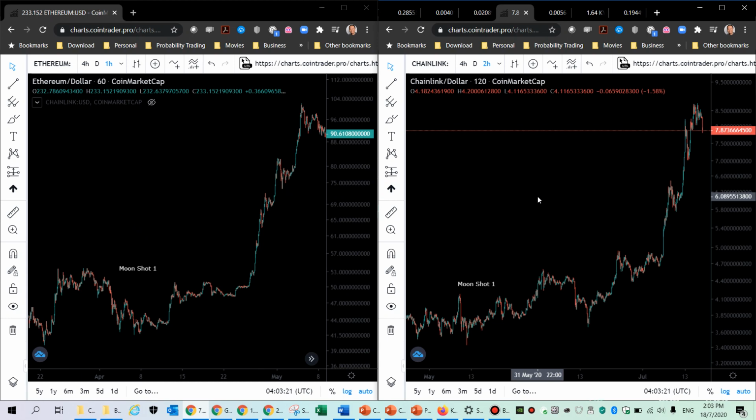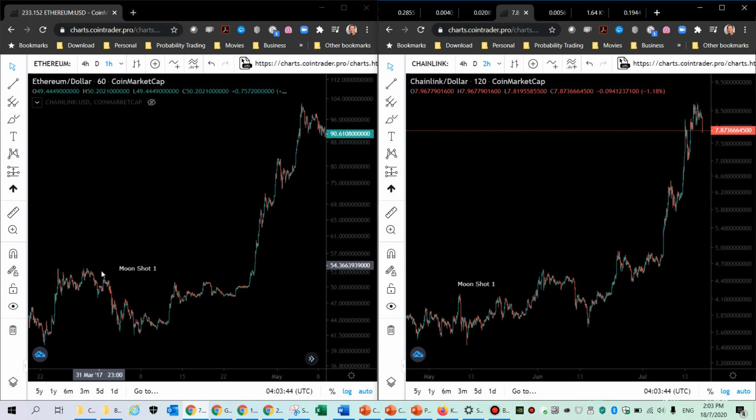I picked Ethereum because Ethereum was the fastest coin back in the 2017 bull run. So we are comparing 2017's fastest coin, Ethereum, with Chainlink, the fastest coin in 2020.